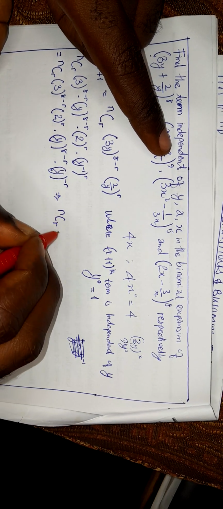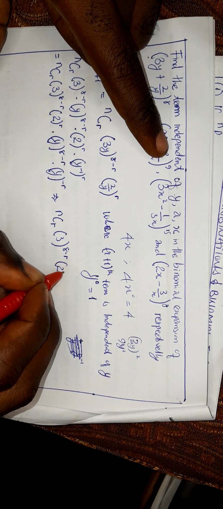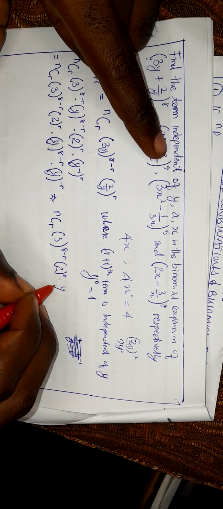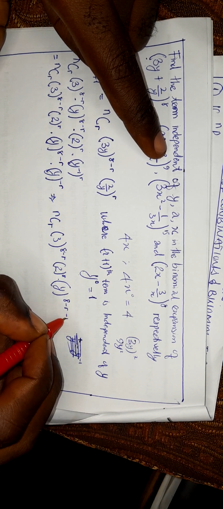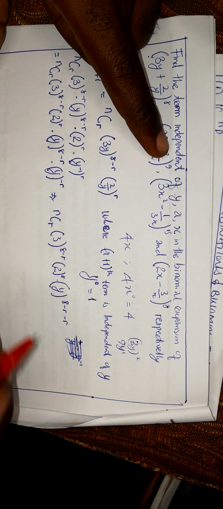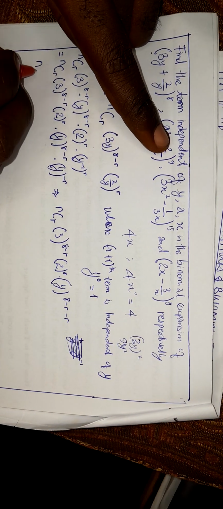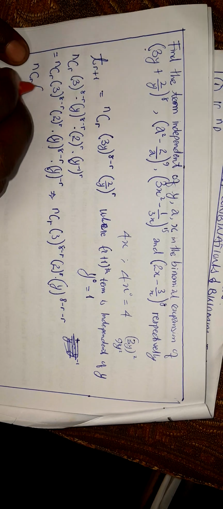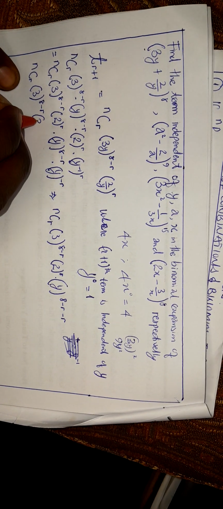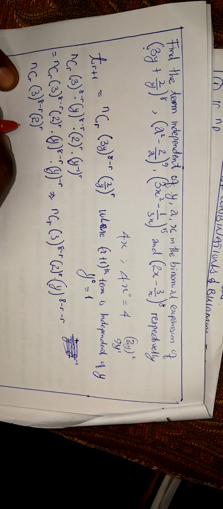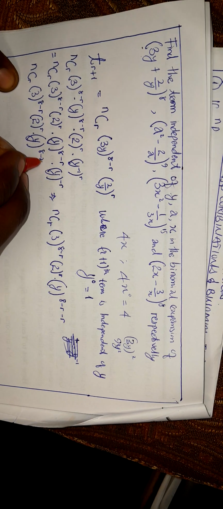n combination r, 3 to the power of 8 minus r, 2 to the power of r, y to the power of 8 minus r minus r. Because plus minus is what? Minus. So n combination r, 3 to the power of 8 minus r, 2 to the power of r, y to the power of 8 minus 2r.